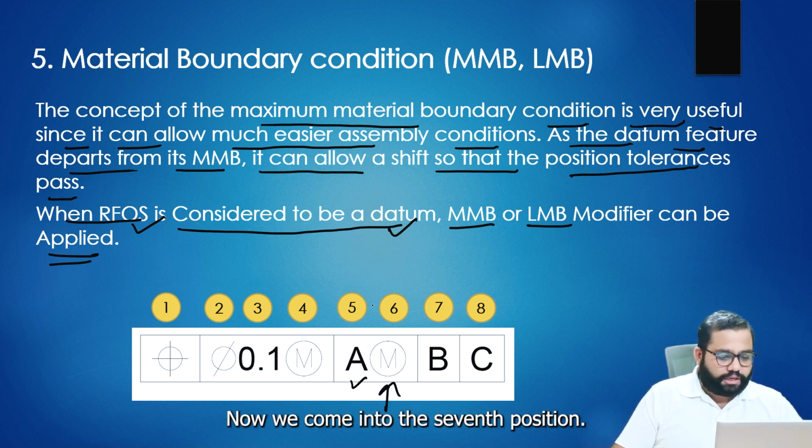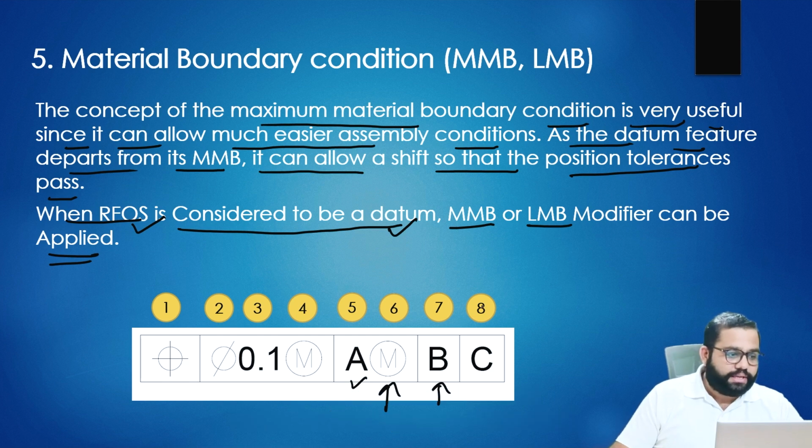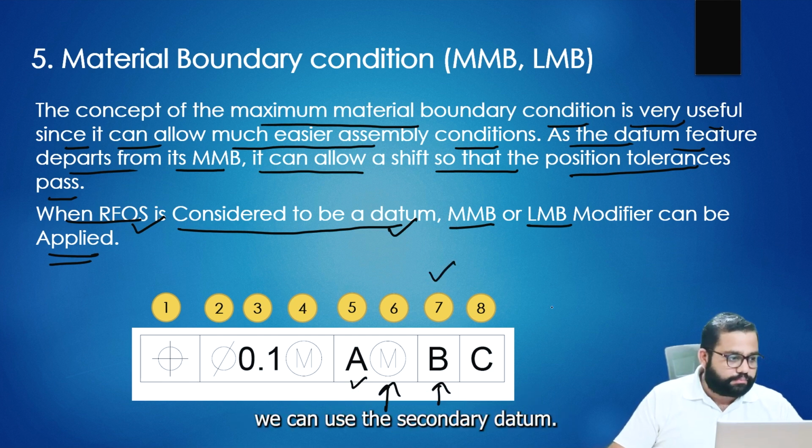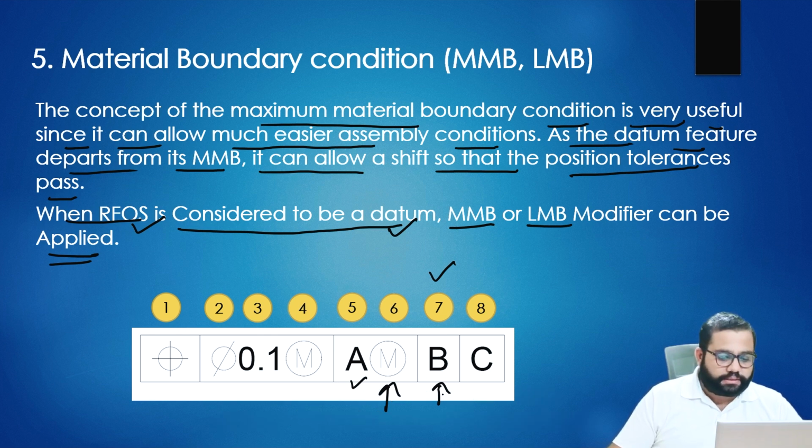Now we come to the seventh position, in the fourth compartment. If required, we can use the secondary datum. This will be to the right of the primary datum in the fourth compartment.